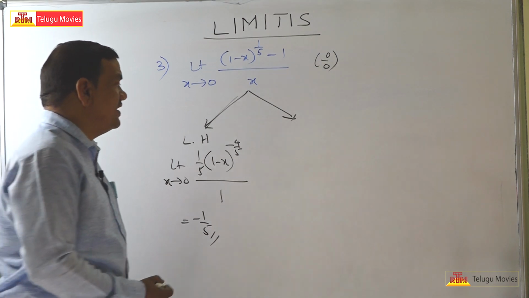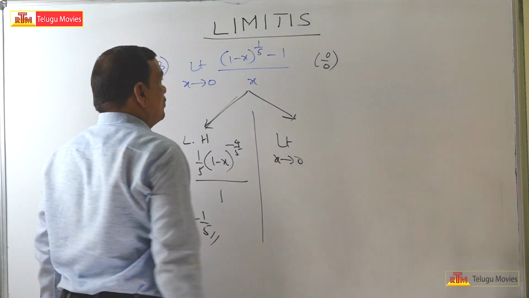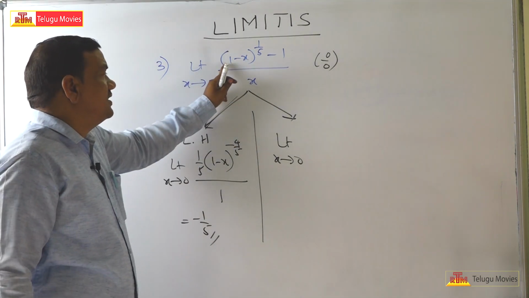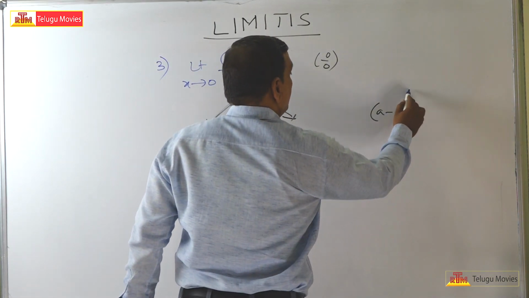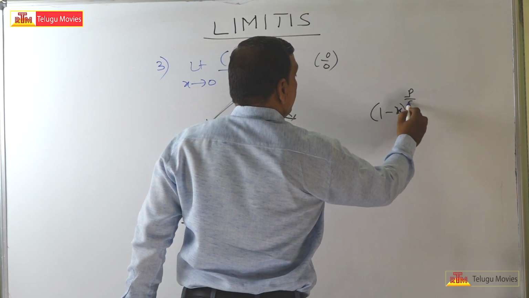A very easy way is that this is equal to limit x tends to 0, applying the binomial theorem. So, that is (a minus b) whole to the power of, here (1 minus x) whole to the power of p by q.